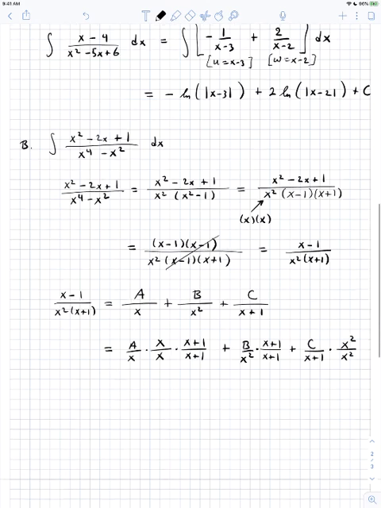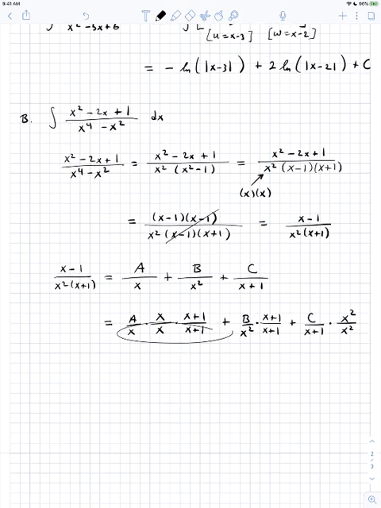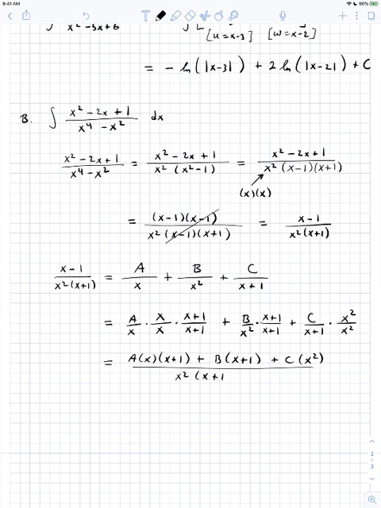There we are. Now the next thing to do is to combine them because they all have the same denominator now, so we can do that. They all have a common denominator. So the numerator is going to be a times x plus 1 plus b times x plus 1 plus c times x squared, divided by x squared times x plus 1.